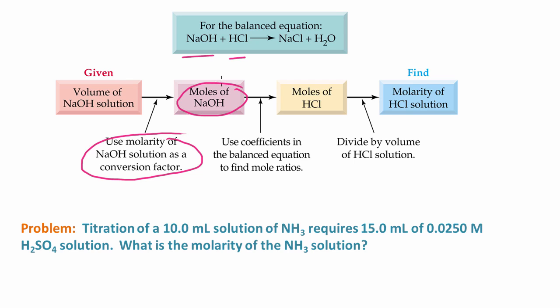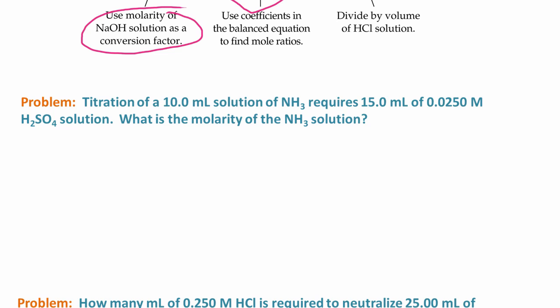Then what we need to do is use the coefficients in the balanced equation to relate moles of sodium hydroxide to moles of hydrochloric acid. Finally, once you determine the moles of hydrochloric acid, you can then determine the molarity by dividing the moles by the volume. Okay, so let's go ahead and do a couple of problems here.